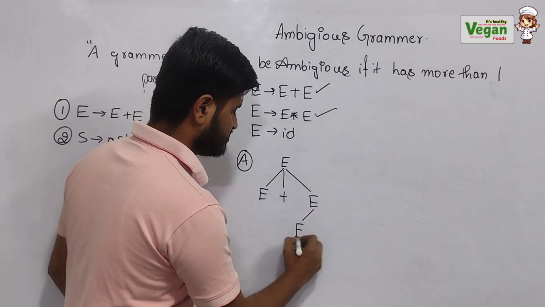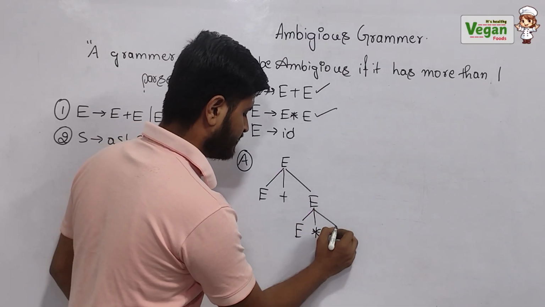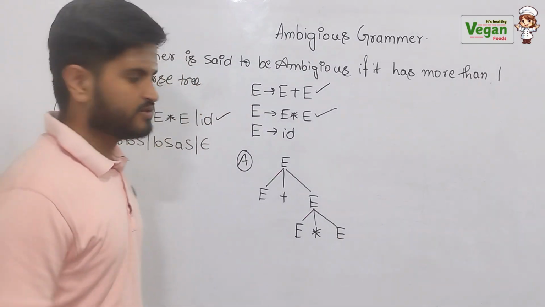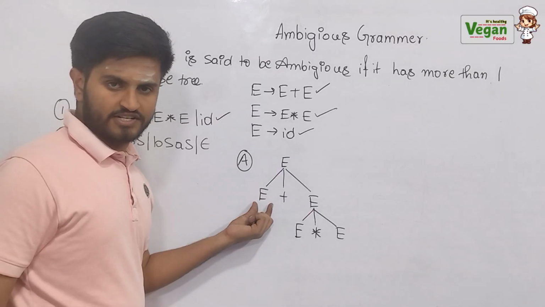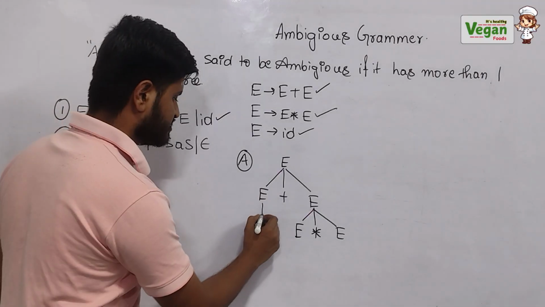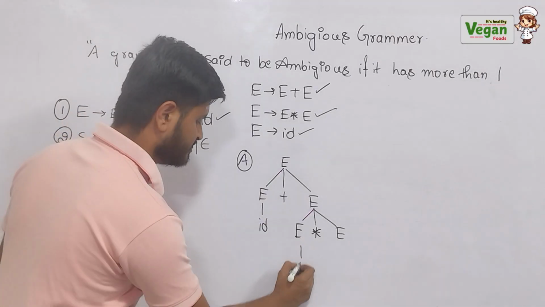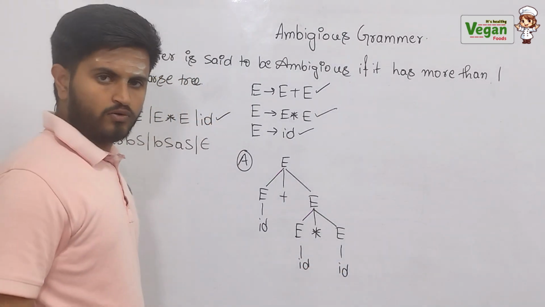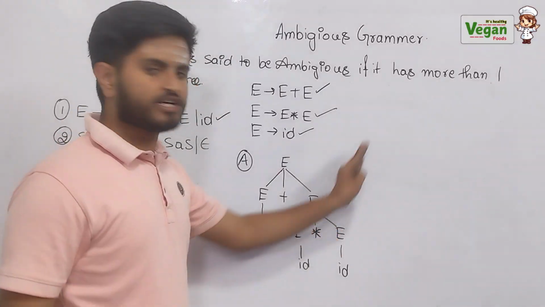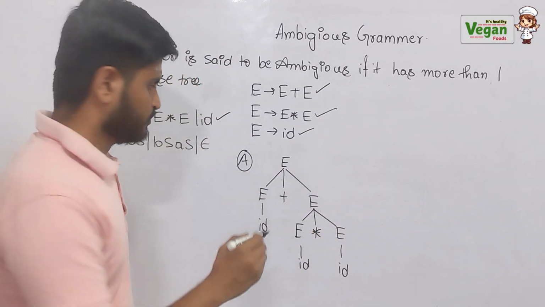E producing E star E. Next, E producing ID. Wherever E is at the leaf node, just write ID.